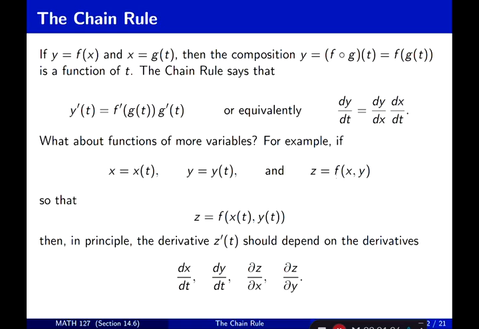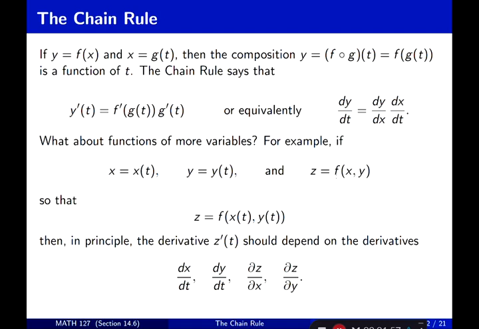Basically, the input is one variable and the output is one variable, so how do we take the derivative with respect to t? In principle, the derivative z prime of t should depend on the derivatives dx/dt, dy/dt, and the partial of z with respect to x, and the partial of z with respect to y.